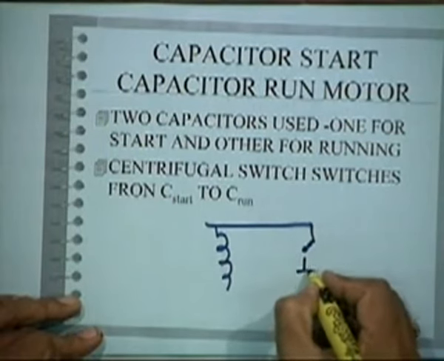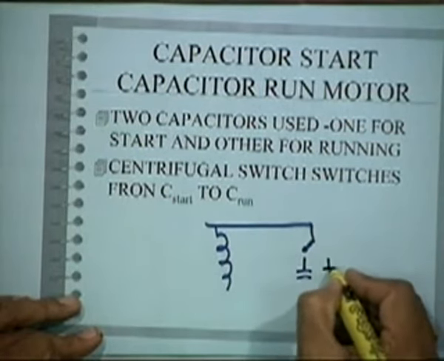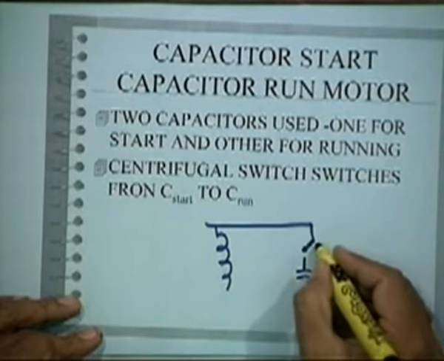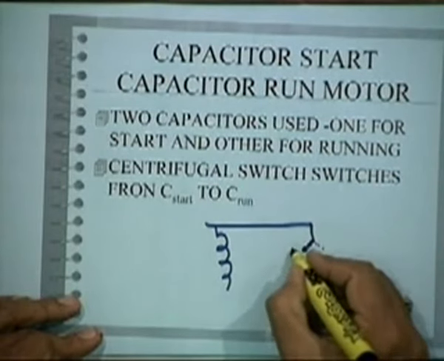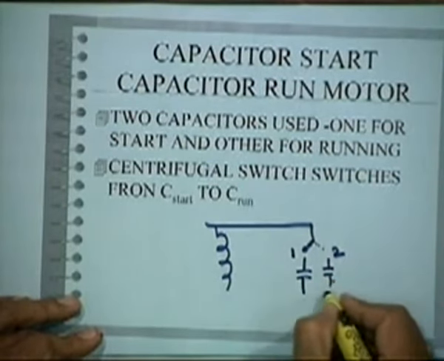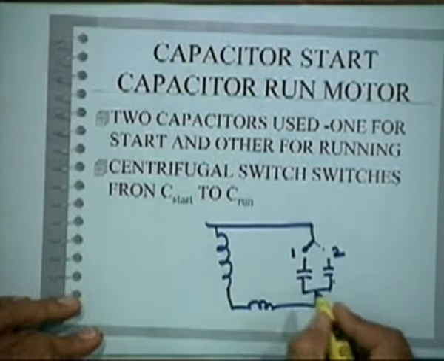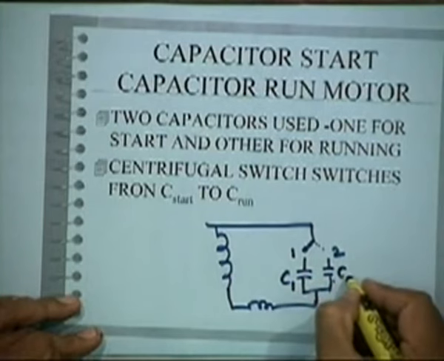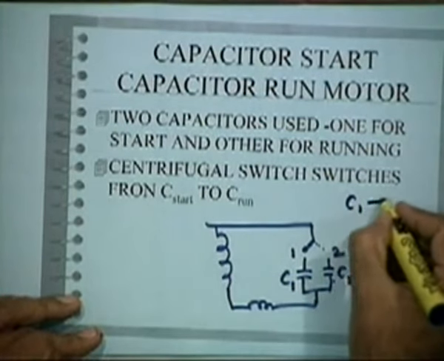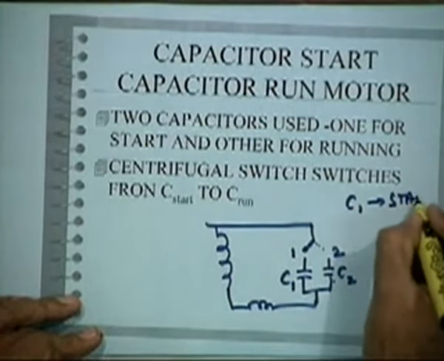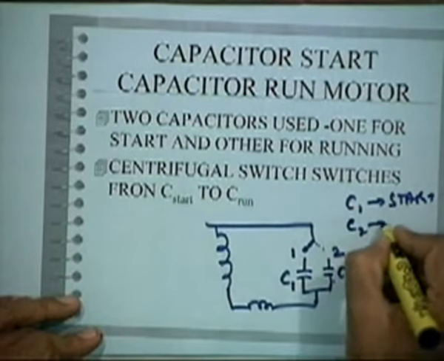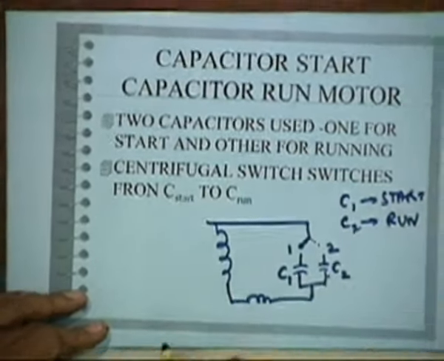So you have two capacitors, and it can be put in position 1 or position 2. This is C1, C2. So C1 for start and C2 for run.